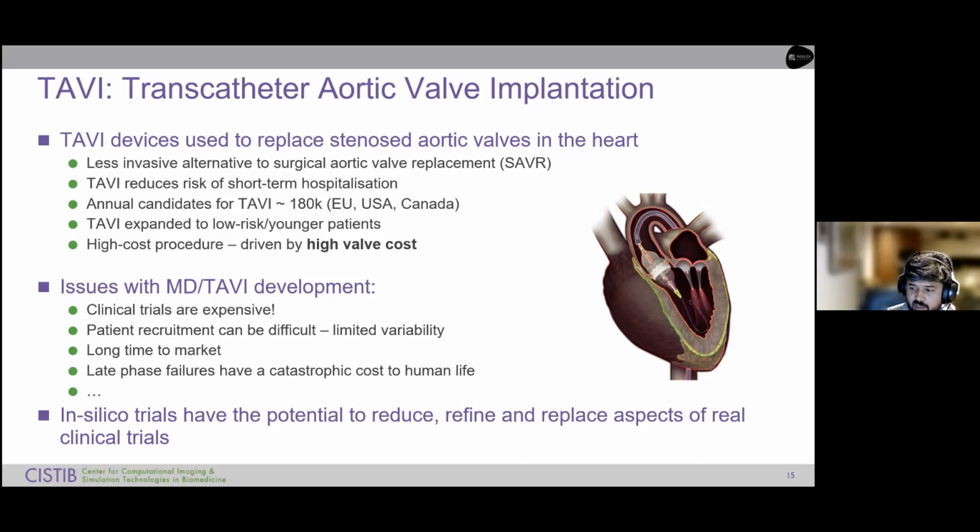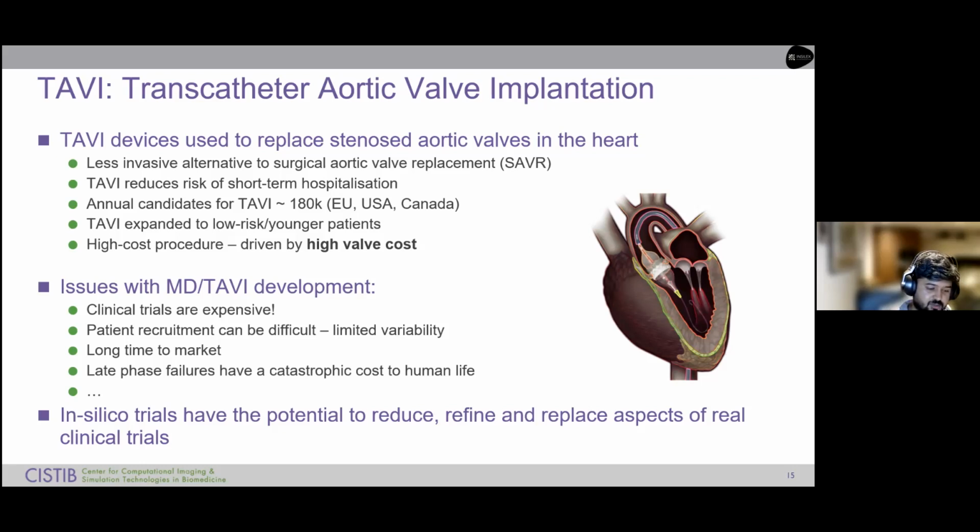And finally, another really difficult thing to deal with is late phase failures in medical devices, so late phase clinical failures, because this is at the point where they've gone through a number of regulatory checks and they are in, let's say, the final phase of clinical trials. And if medical devices fail at this stage, it can have a catastrophic cost to human life.